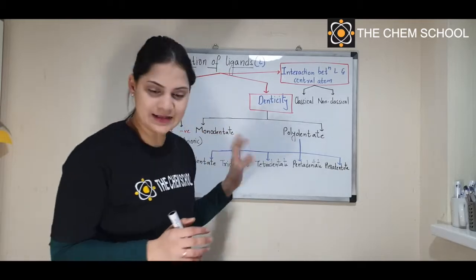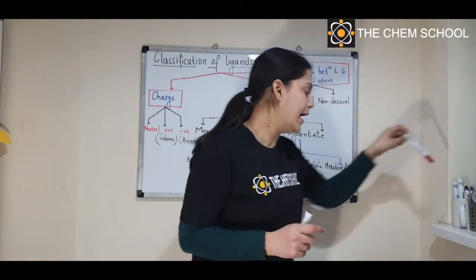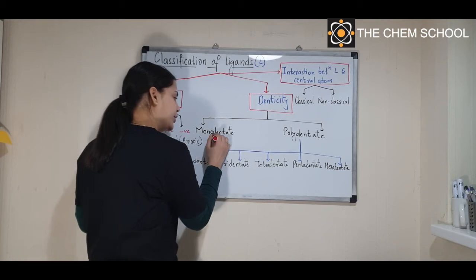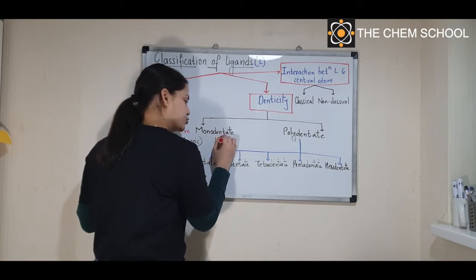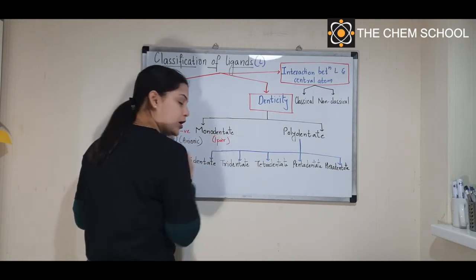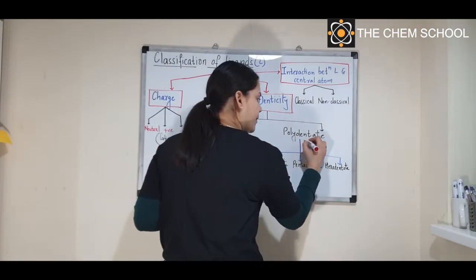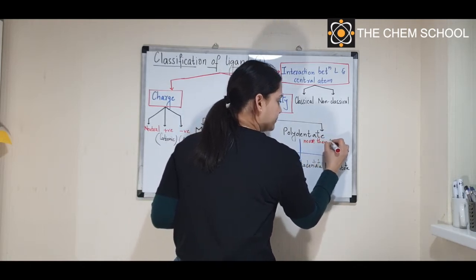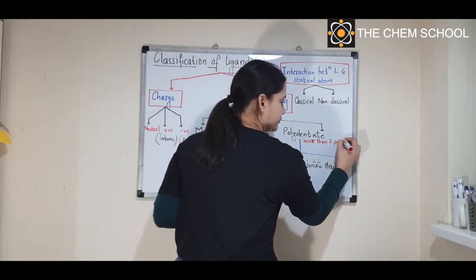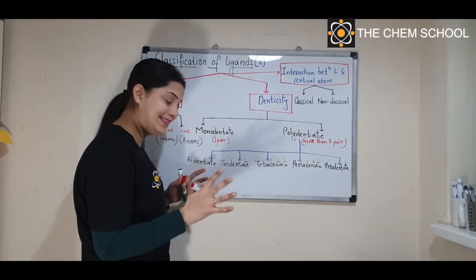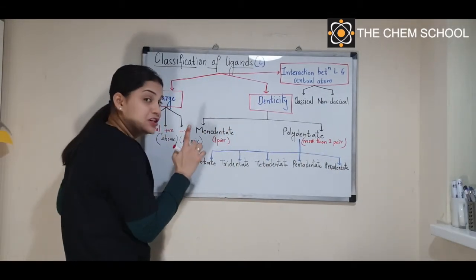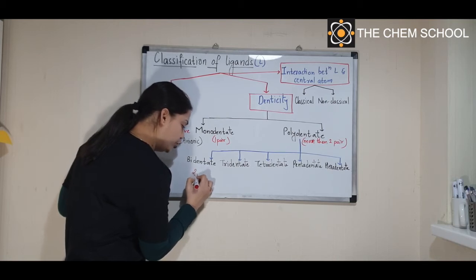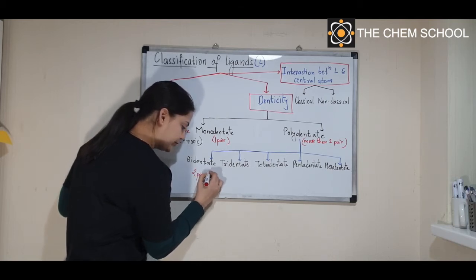Let's recall this and write it once again. When you say monodentate, it means it is going to donate one pair of electrons. Polydentate, we said, is more than one pair. With respect to ligands, bidentate ligands will donate two pairs of electrons.